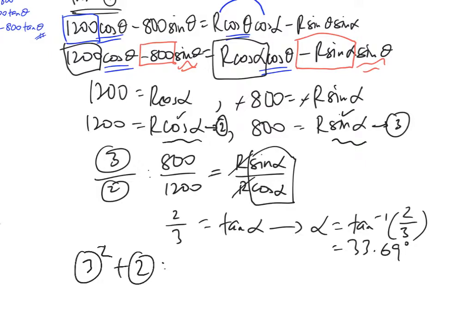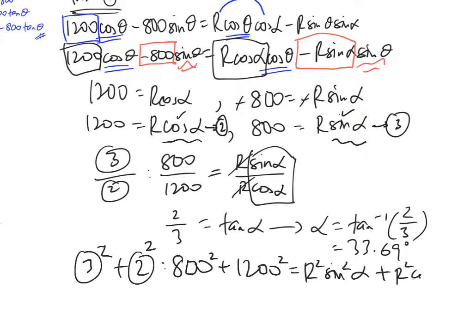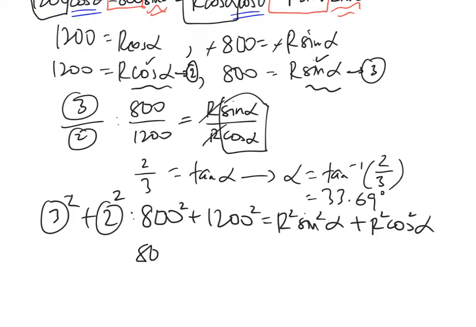So equation 3 square plus equation 2 square. Equation 3 square is 800 square plus equation 2 square is 1200 square. And that is equal to r square sine square alpha plus r square cosine square alpha. 800 square plus 1200 square is equal to r square, sine square alpha plus cosine square alpha.